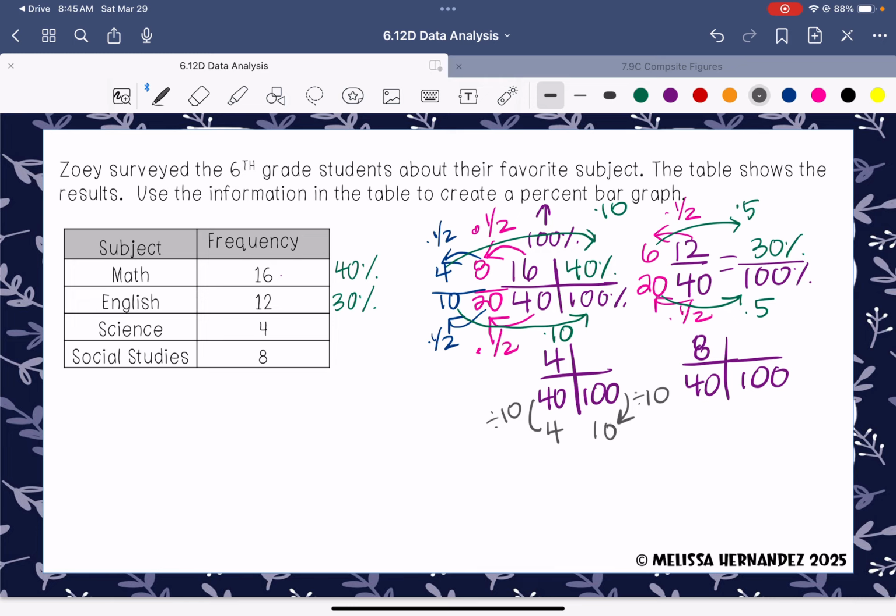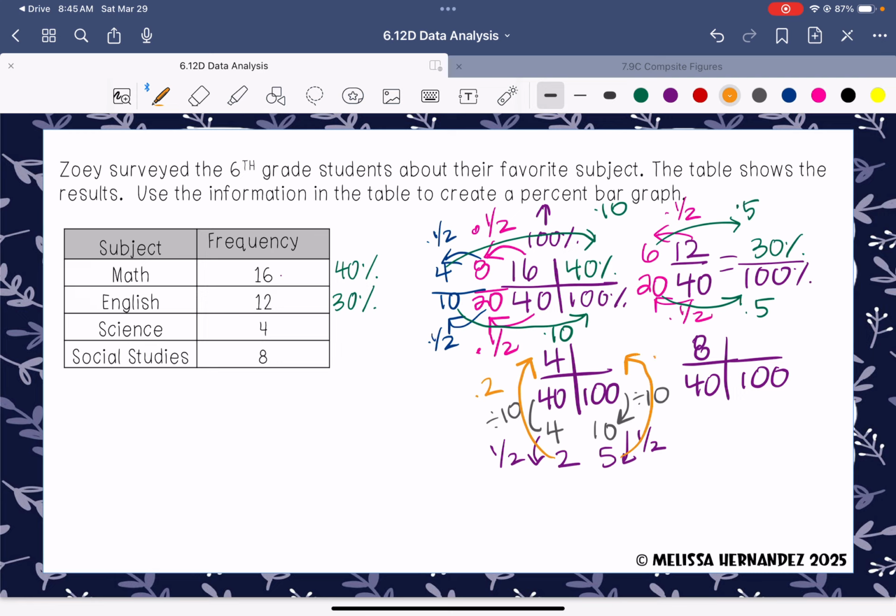Okay, then I'm going to scale down by 2. You could have used the same as the other ones. I just wanted to show you you can do different options. Sorry about my dog. Okay, so half of 4 is 2. Half of 10 is 5. So now I'm going to go from 2 to 4. Scale that by 2.